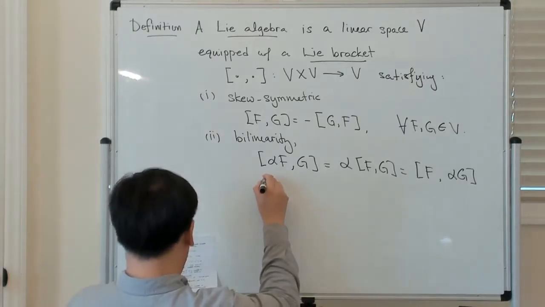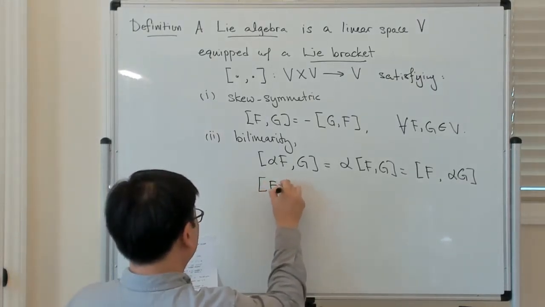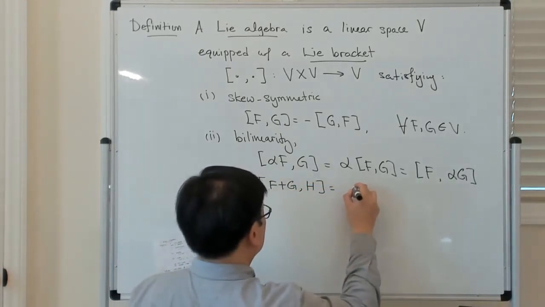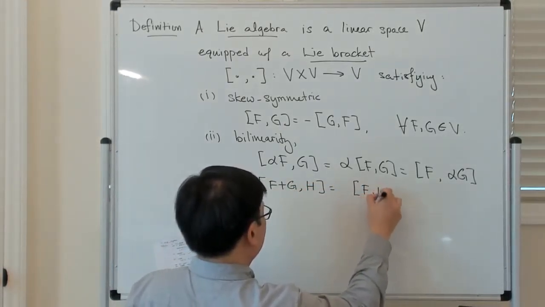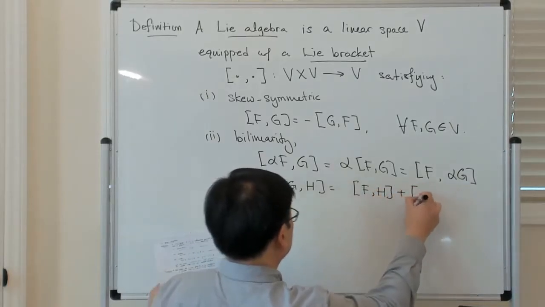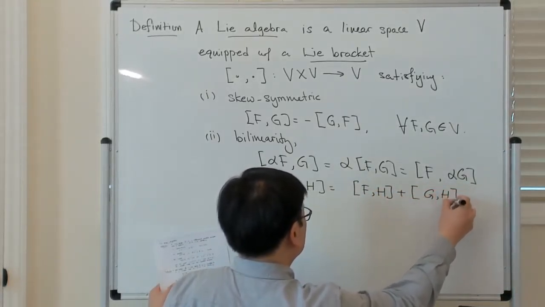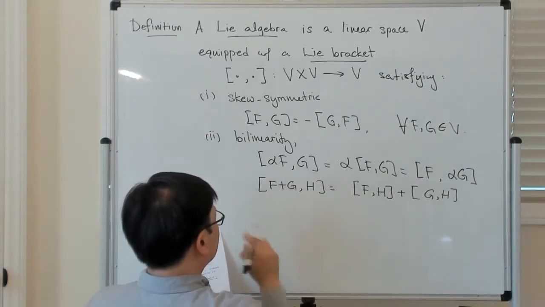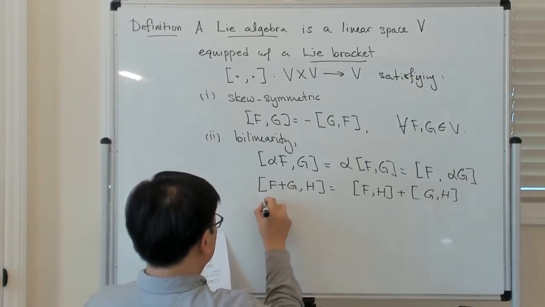And the other one is that if you take the bracket of f plus g with h, that's equal to the bracket of f and h plus the bracket of g and h. So these two conditions together mean it's linear in the first slot. You want it to be linear with respect to the second slot as well.